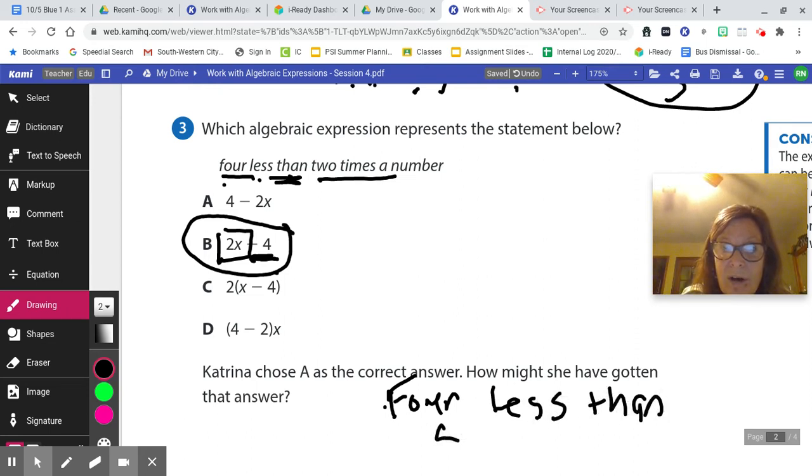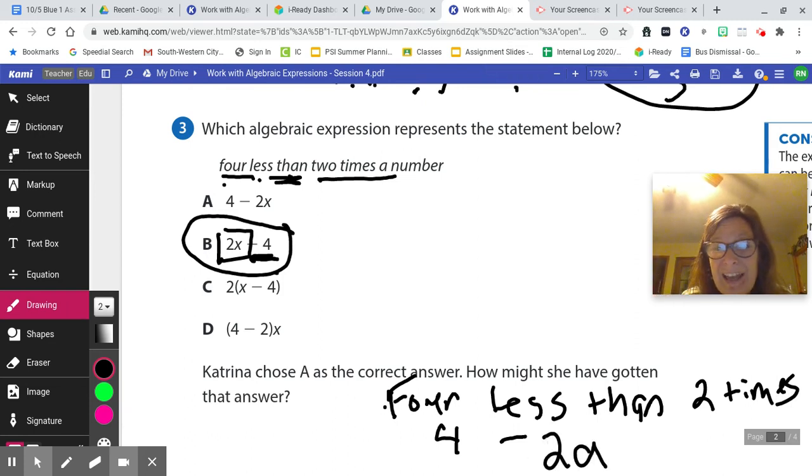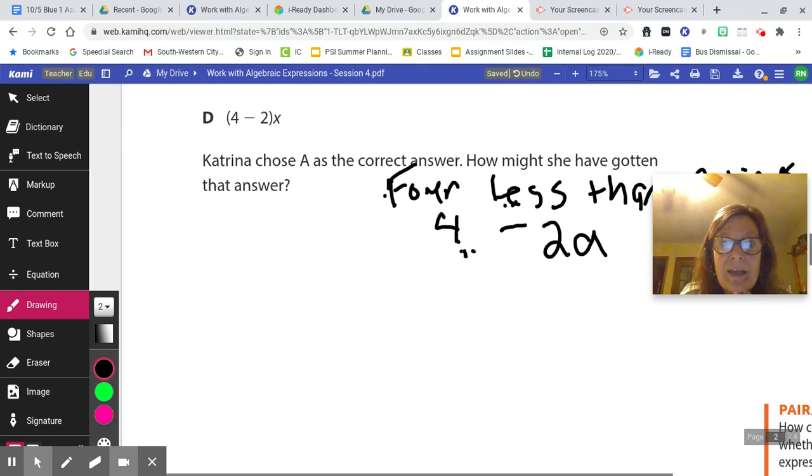So 4 less than 2 times a number would be like that. But that is not what that means. So that is an incorrect answer, because I'm not taking 4 from, I need to be making sure I'm taking the 4 away from something. So that's kind of a tricky one.